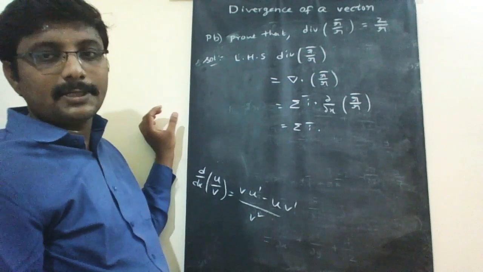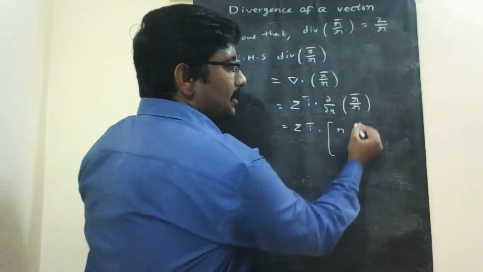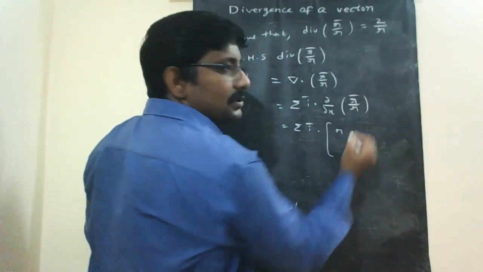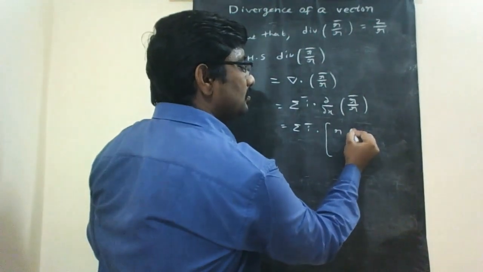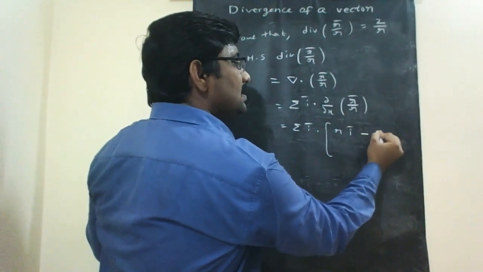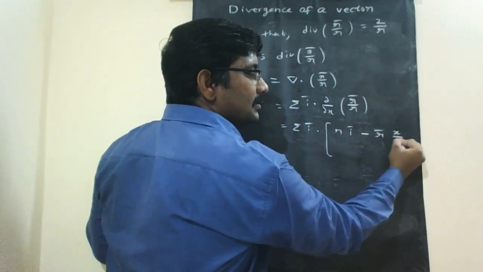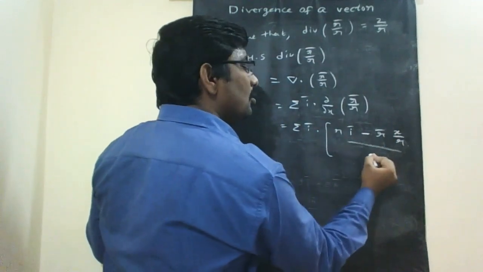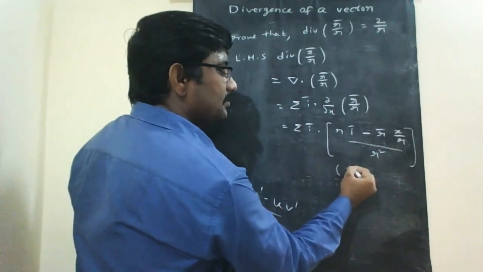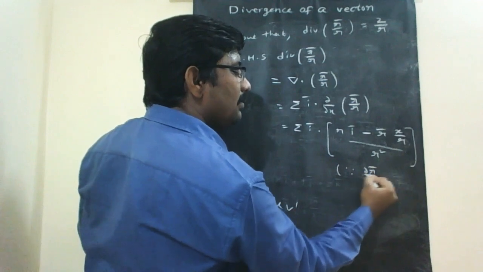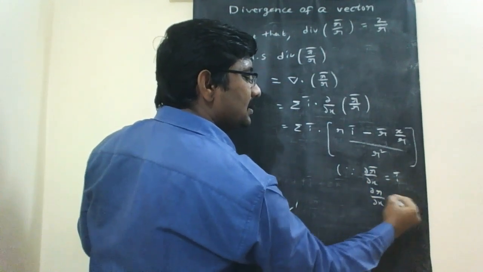Using the division rule here: r kept silent, dou r bar by dou x. What is dou r bar by dou x? i bar, minus r bar kept silent, dou r by dou x. What is dou r by dou x? x by r, whole by v square, and v square means r square. So using the values, dou r bar by dou x is i bar and dou r by dou x is x by r.